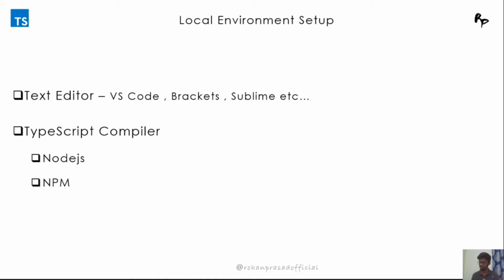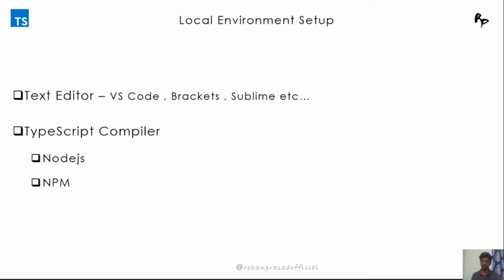You need the Node.js environment where you will be running the code, and npm is a package manager for Node.js. It's the Node package manager from which you will be installing TypeScript. The bare minimum is getting Node.js first. When you get Node.js, you automatically get npm, so you don't need to install npm separately.